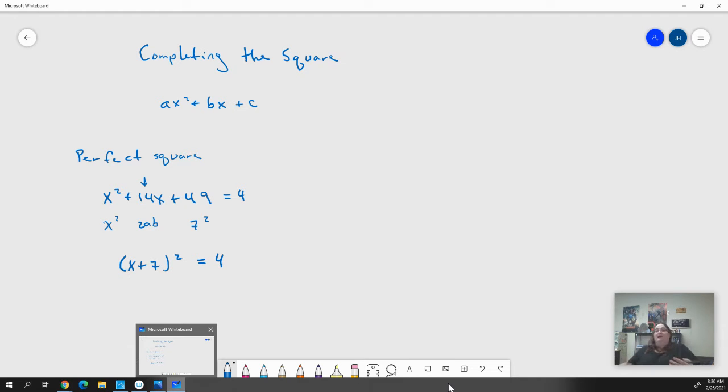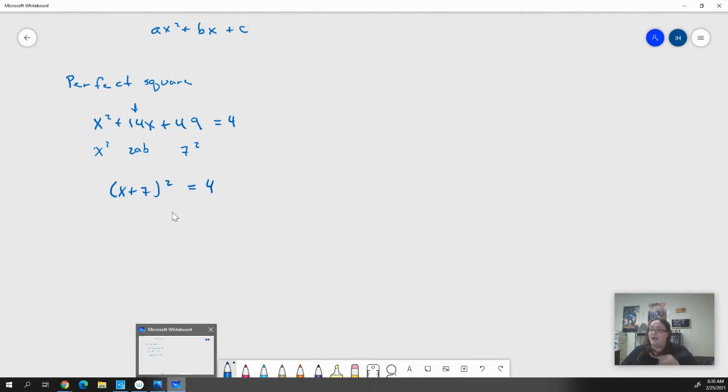And from that, we can find our solutions, right? Because whatever these little factors break down to, that's like saying x plus 7 times x plus 7, right? Which means I can set each of these up to that 4. I could go x plus 7 equals 4 and then just solve it. And I have two of the same solution.